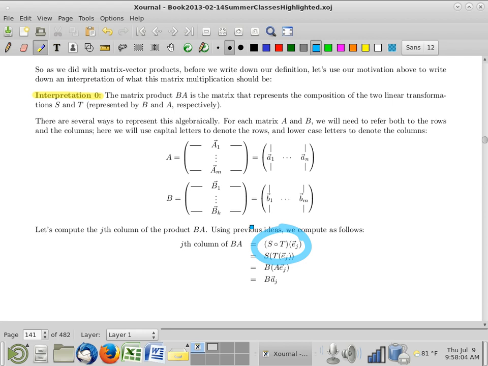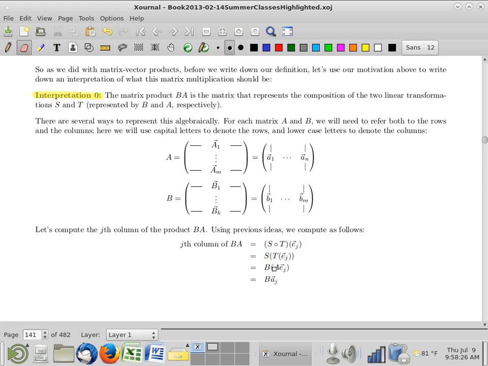Composing says you first do T, and then afterwards, whatever comes out, you do S to it. Okay. T is accomplished by multiplication by some matrix, I'm going to call it A. That's this matrix up here. S is accomplished by multiplication by this matrix B.